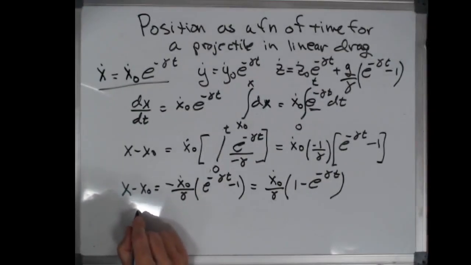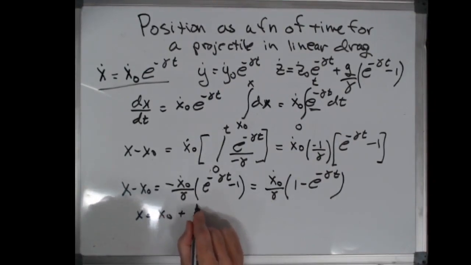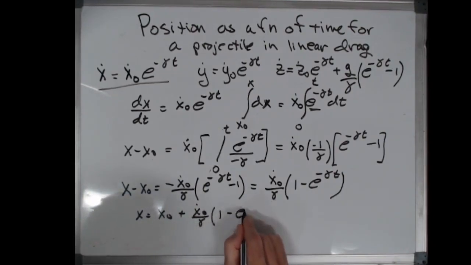That gives x equals x naught, I'm just moving the x naught to the other side, plus x dot naught over gamma times 1 minus e to the minus gamma t.